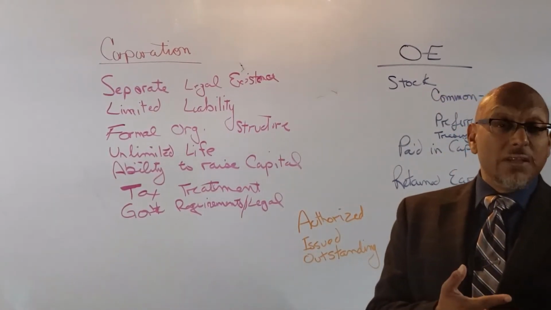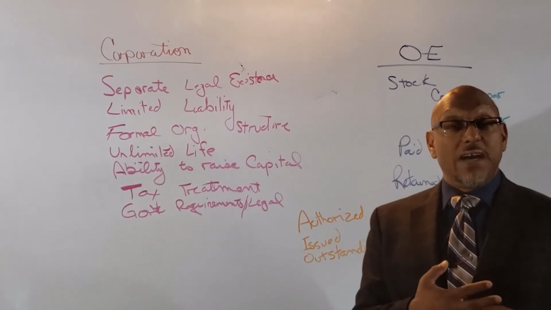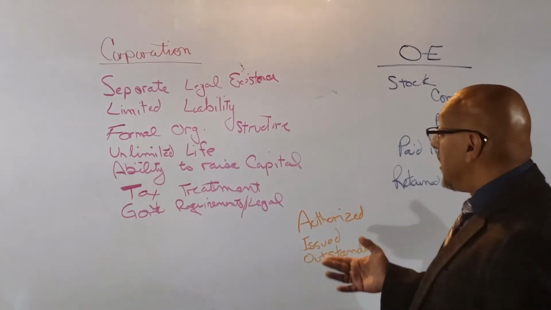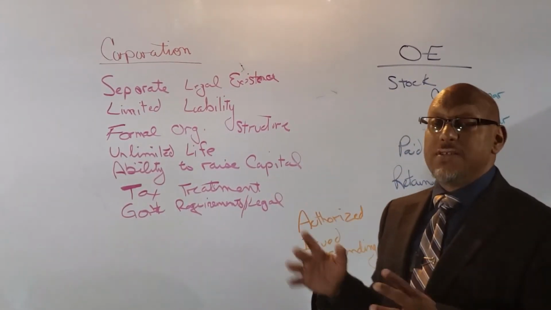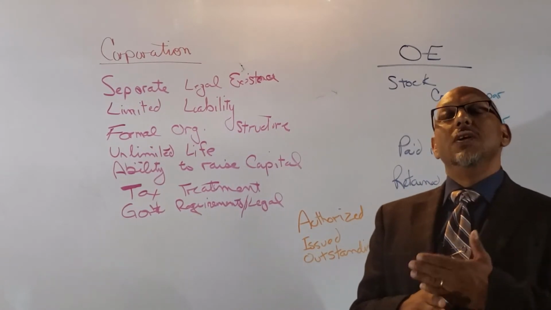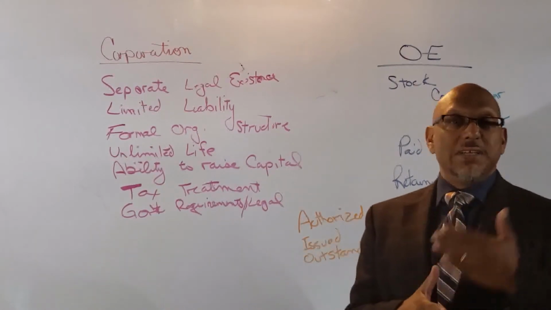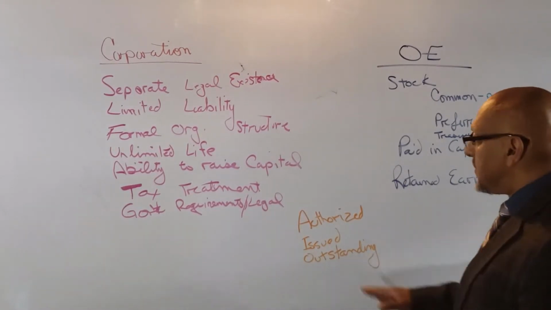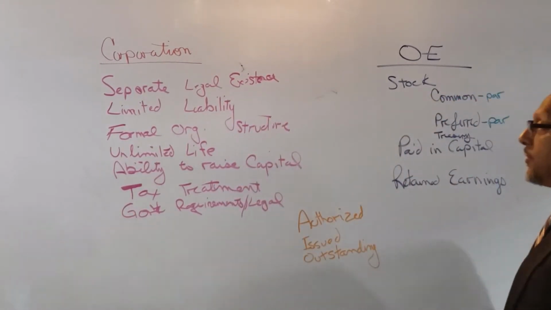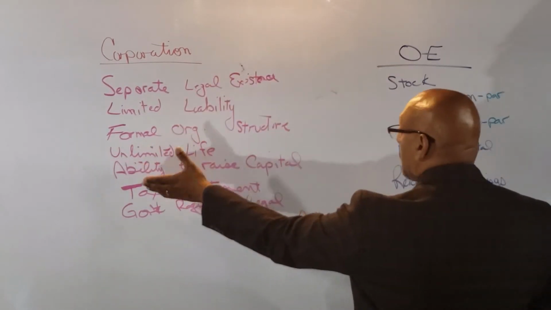The publicly traded companies are required to provide this information every quarter. So there's government requirements and other legal requirements to establish the organization, and to ensure its maintenance, it must be filed with the government. So that's a little overview of our definition of corporation.